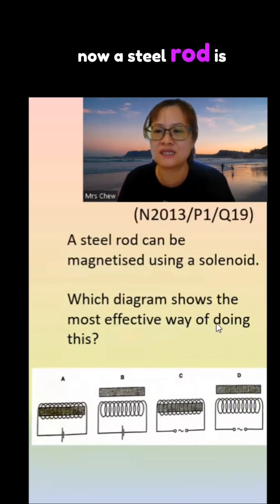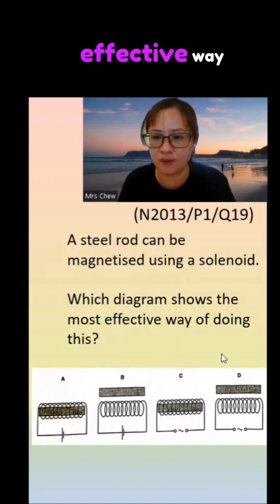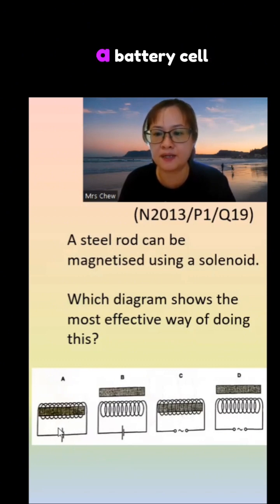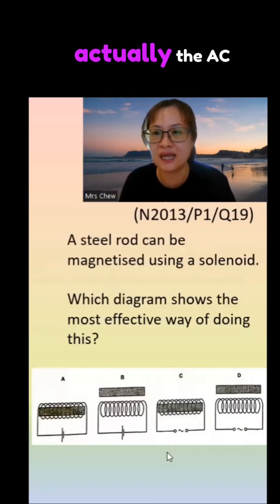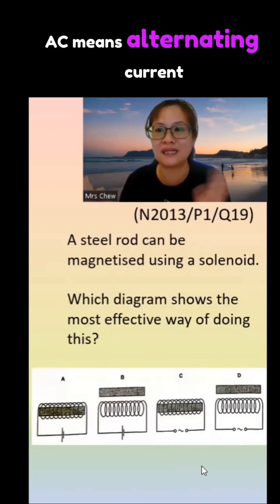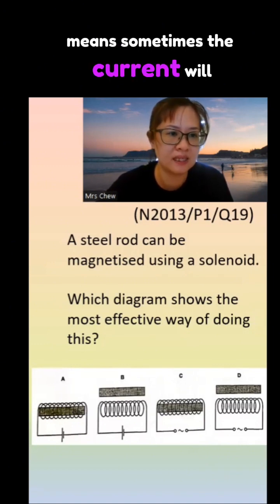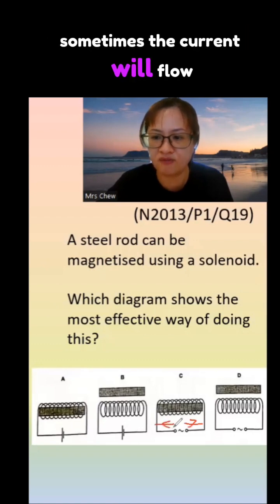Now, a steel rod is magnetized using a solenoid. Which diagram shows the most effective way? You can see this is different. This is a direct current, like a battery cell, and this curly thing is actually the AC. AC means alternating current, which means sometimes the current will flow this way, sometimes the current will flow this way.